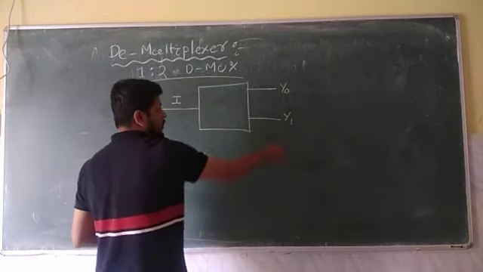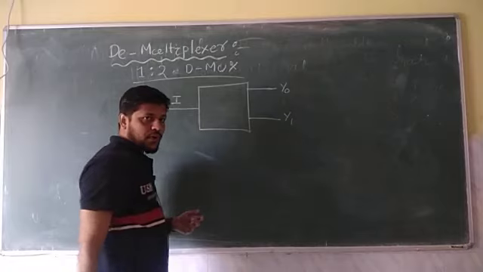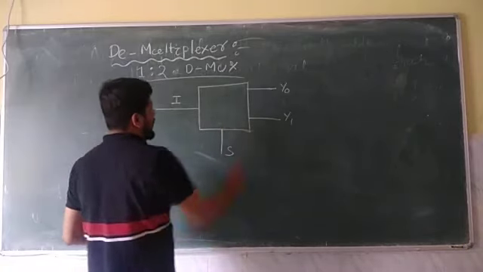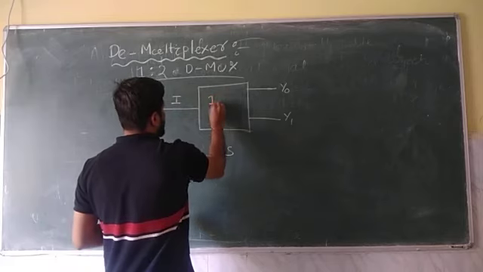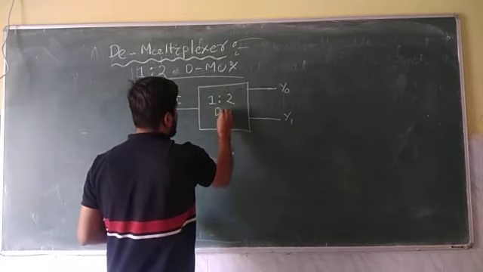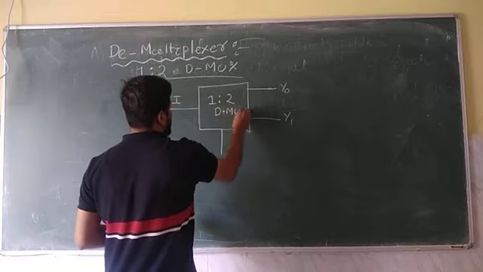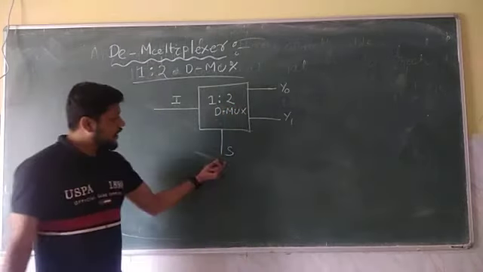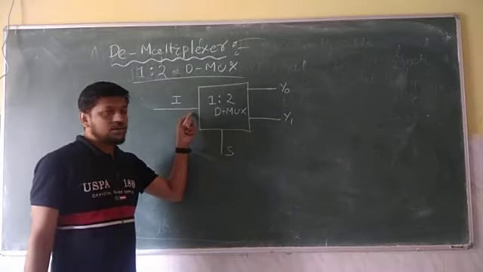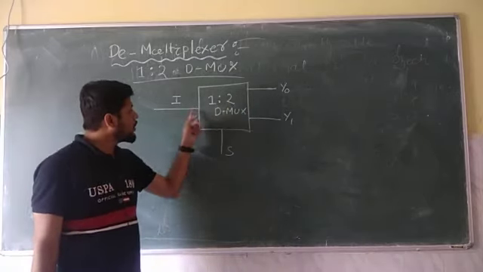As I have explained, if we have 2 output lines, then we have only one selection line. This selection line is going to decide which output is going to connect with the input.